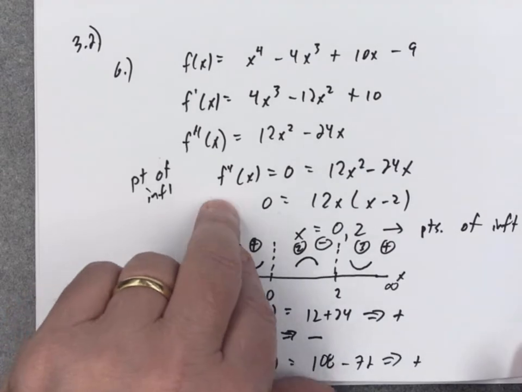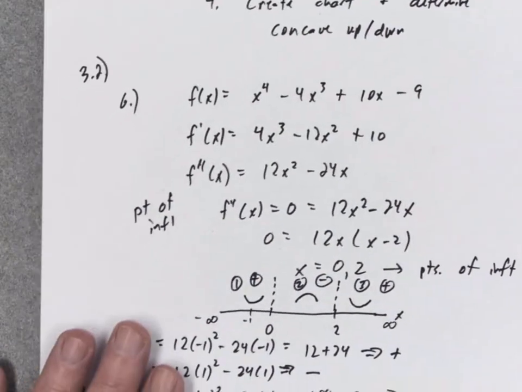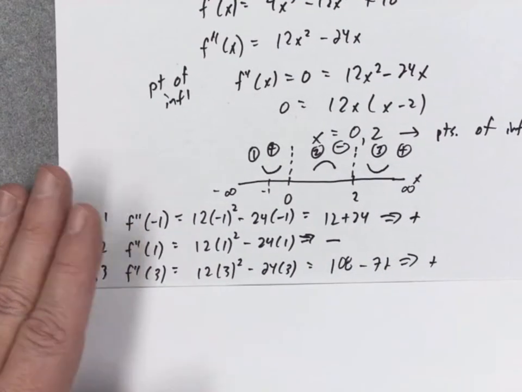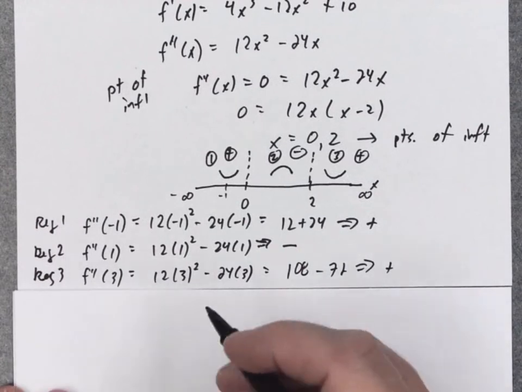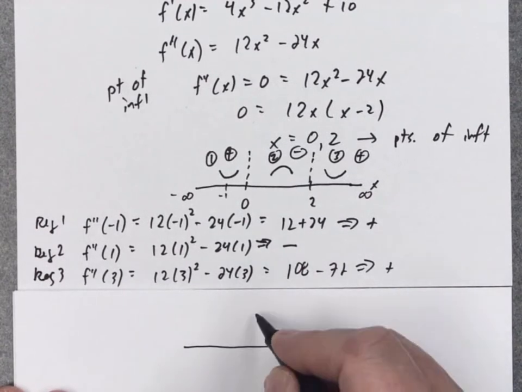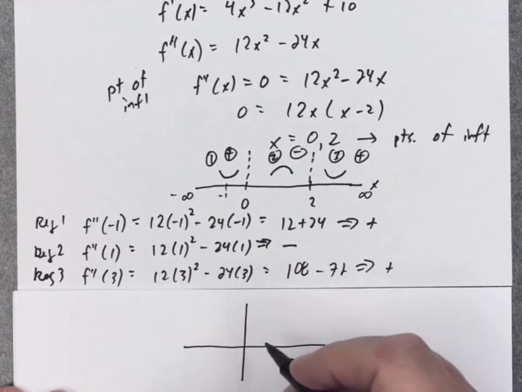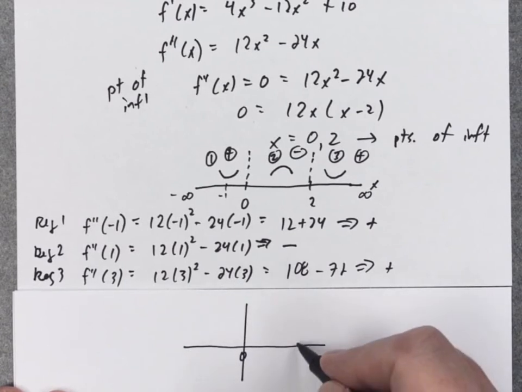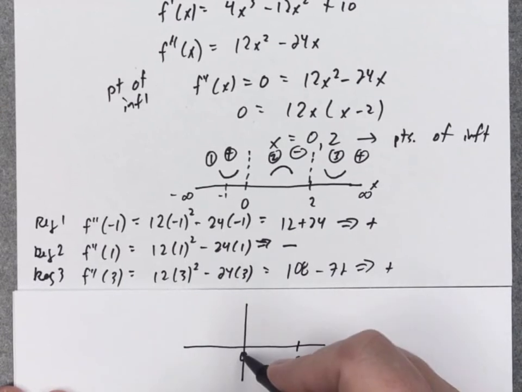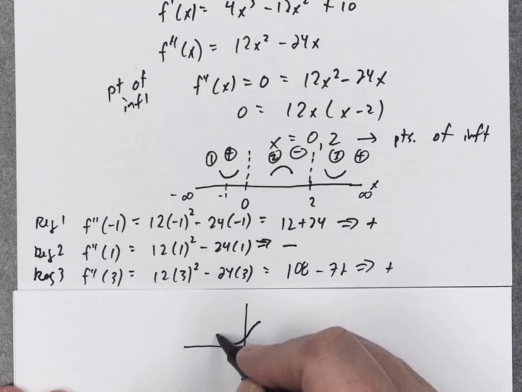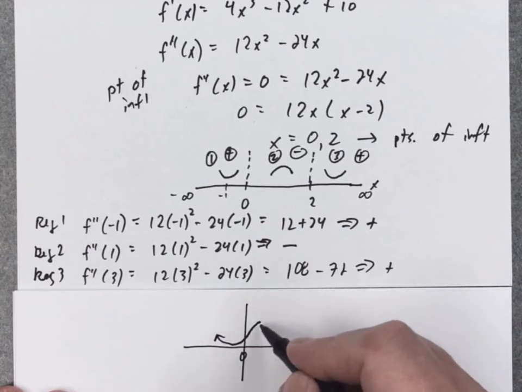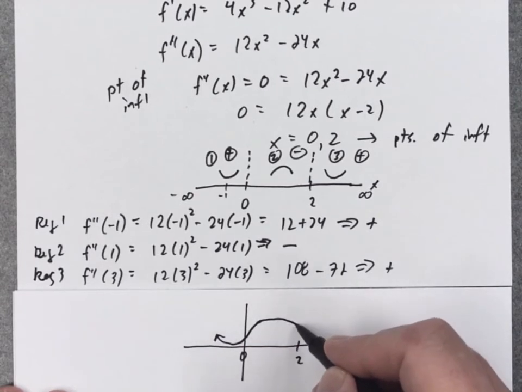If I were to make a very, very rough sketch of this, just to sort of visualize it, I could almost say, here's 0, here's 2. At 0, there's some kind of transition. So maybe it's like this. And then at 2, it transitions again.